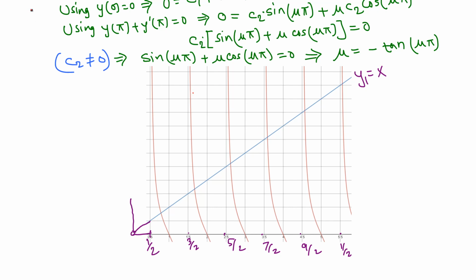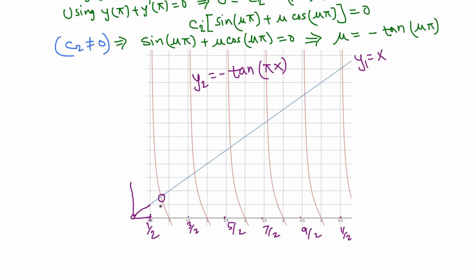Now if we look closely at this graph and the second graph, I graphed y2 equals negative tan(πx), and we get these curves, and here is the first point of intersection. So μ will be here.